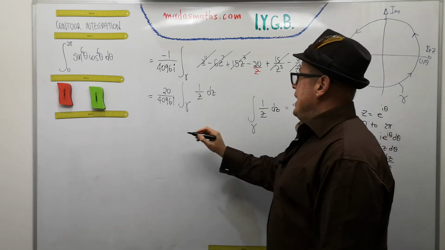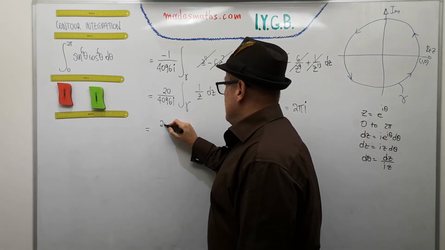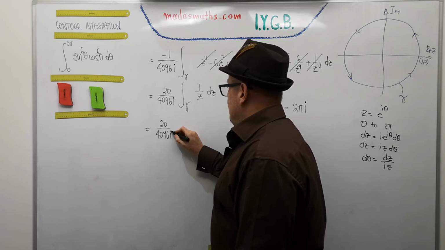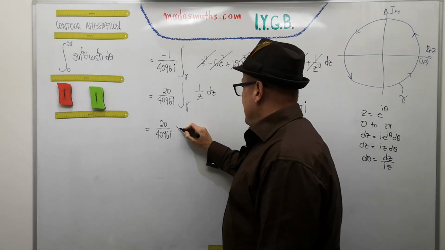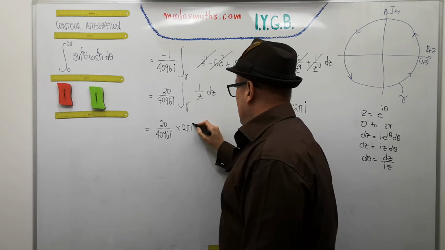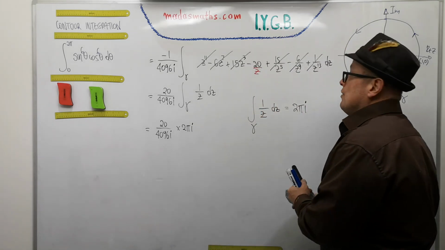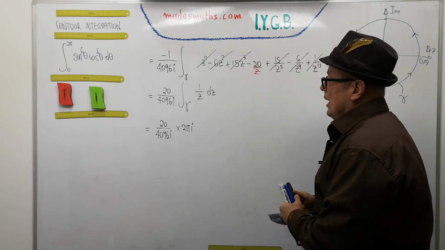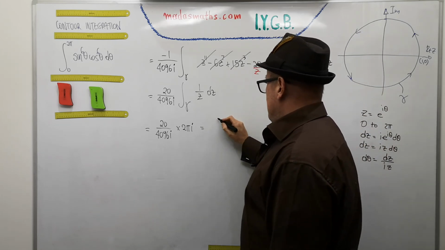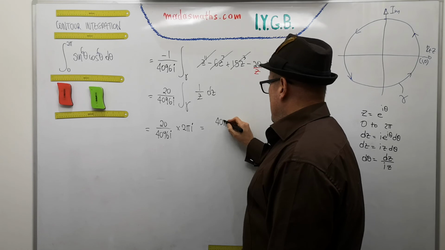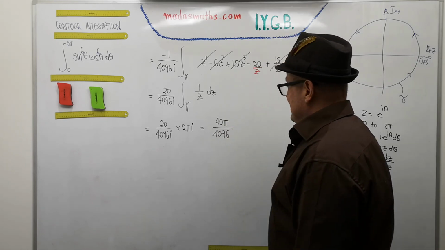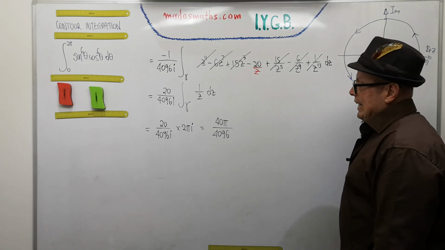So the answer to the real integral that I was trying to find is 20 over 4096 i times 2 pi i. Thankfully, because the integral is real, we cannot possibly get a complex answer out of this. The i's cancel, and it simplifies to 40 pi over 4096. As per usual, I didn't check the answer. We can cancel that down.